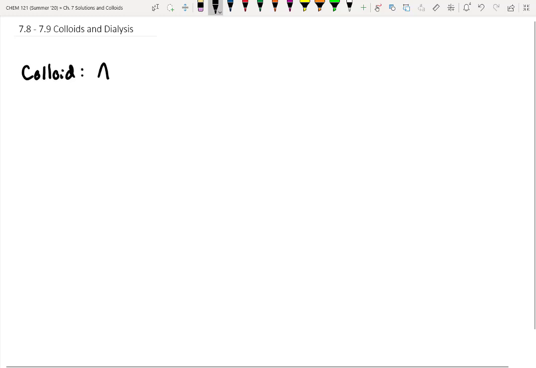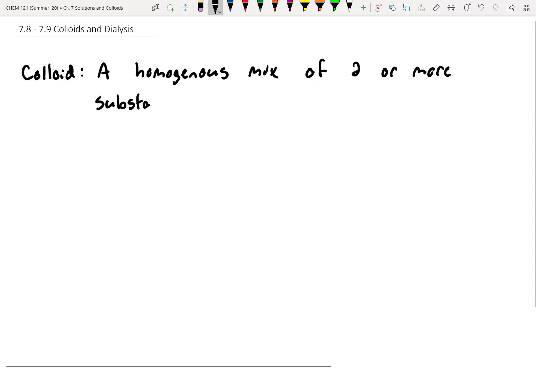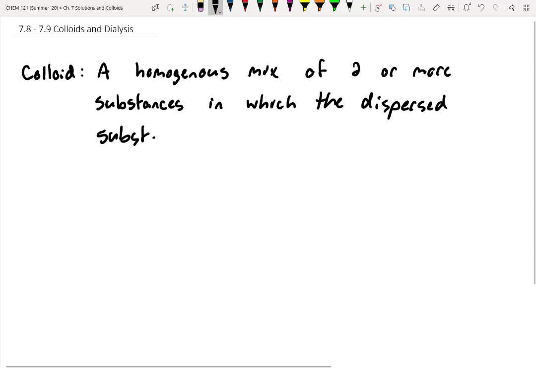A colloid is a homogeneous mixture, but it's not a solution, of two or more substances in which the dispersed substances are found as large particles.